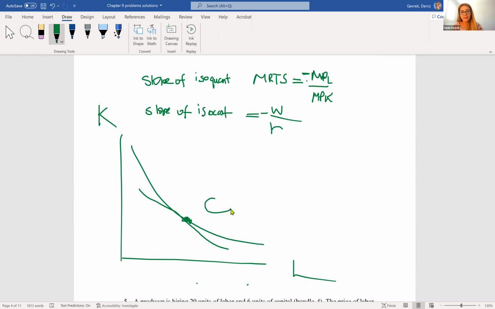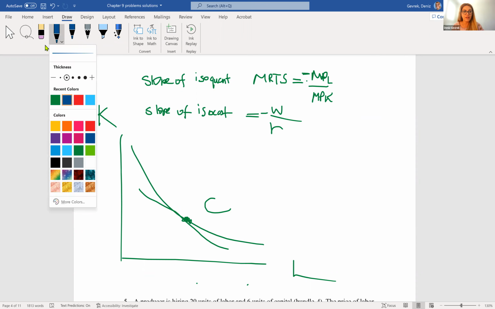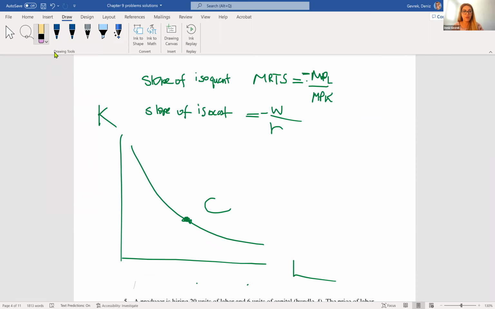And this is labor. This point C, okay? I want to pick a different color so that isoquant and isocost don't get mixed up. Okay, this point C, and let's pick another point and also another point, A and B. So different points.